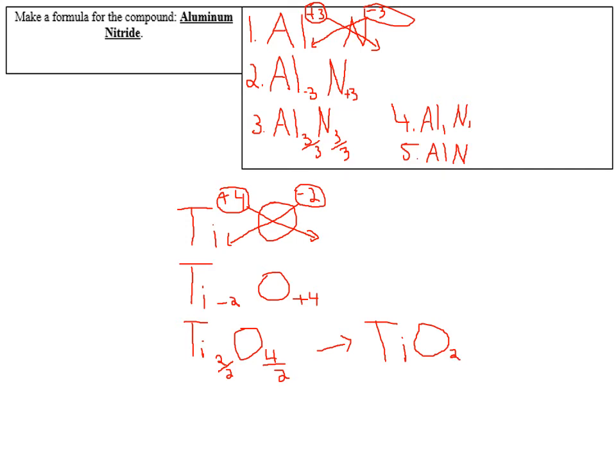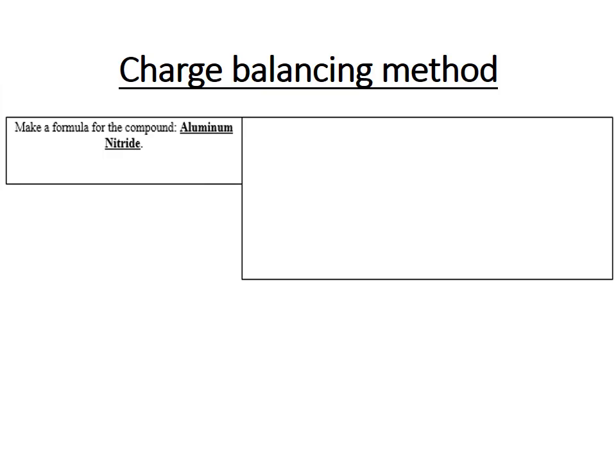Now, this is where you're going to see it's actually easier to use the charge balancing method. We're going to do the aluminum nitride example with charge balancing. So, first step, write down the symbols of the ions. Aluminum becomes +3. Nitrogen becomes nitride, which is -3.